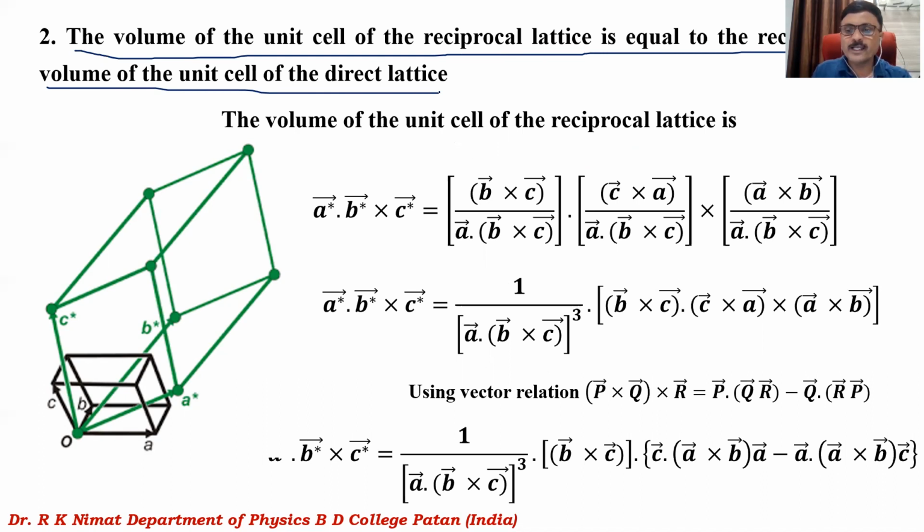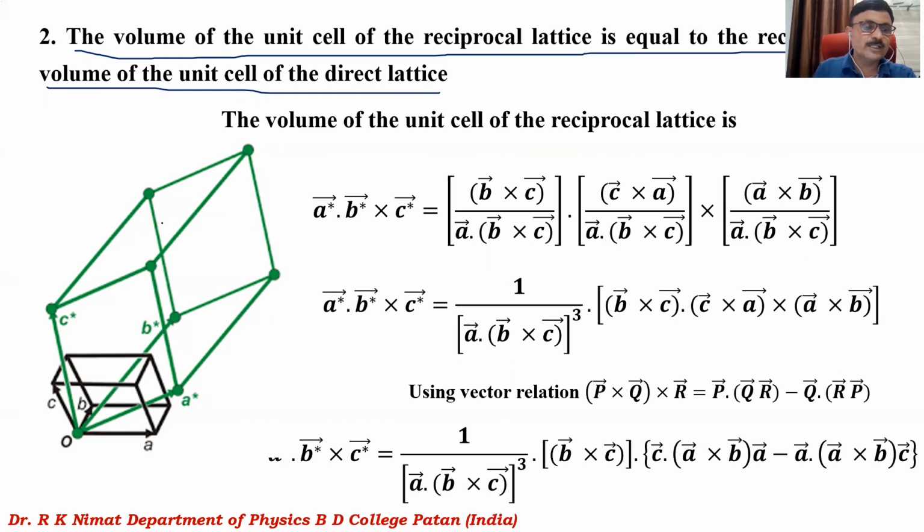So if you take the direct lattice and if you construct the unit cell, and if you take the volume of that unit cell in direct lattice, and in that direct lattice, if you construct the reciprocal lattice, and if you take the unit cell of that reciprocal lattice, then you will observe that these two volumes are inversely proportional to each other.